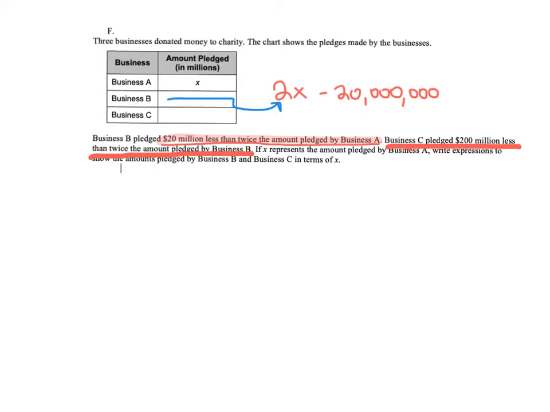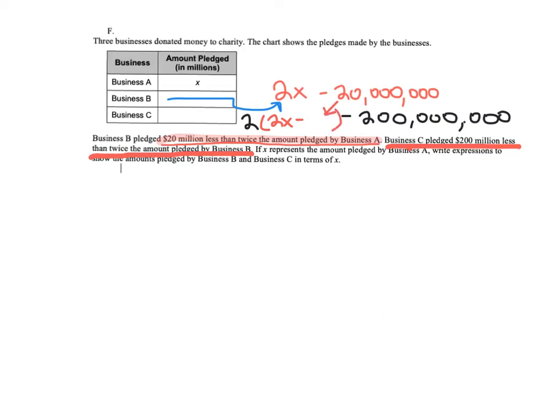And we understand from the question that business C pledged $200 million less than. So $200 million. Okay. And business C pledged $200 million less than twice the amount pledged by business B. So twice the amount of business B would be 2 times business B. 2x minus this.